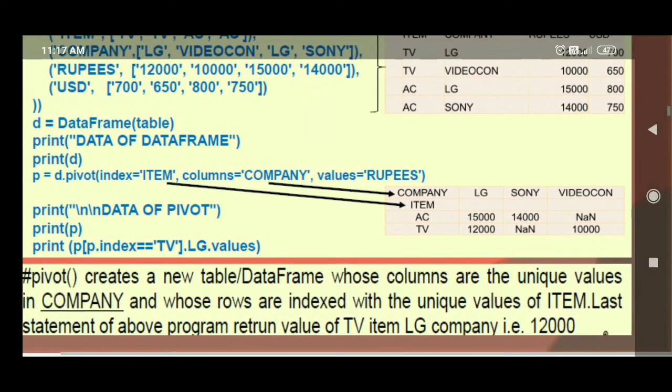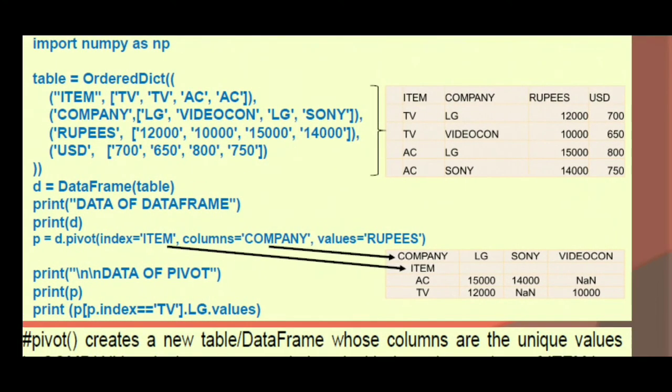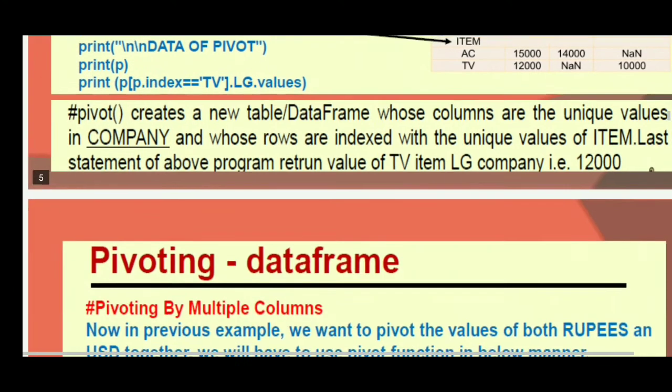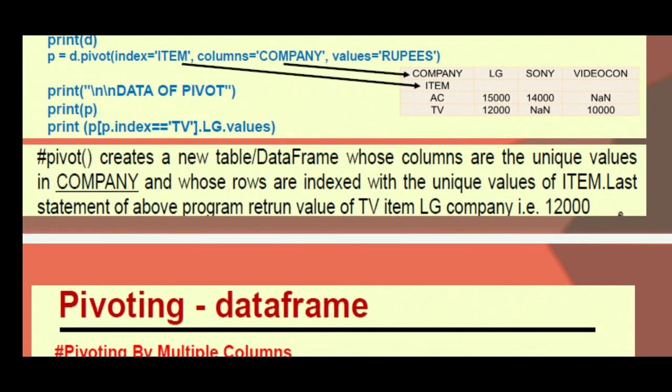So you can see here what the first one was. It will create a table, then we have pivoted that table. One note: pivot creates a new data frame or table whose columns are the unique values in company and whose rows are indexed with the unique values of item.